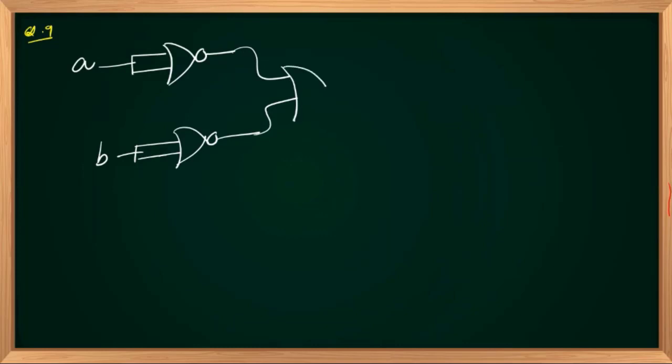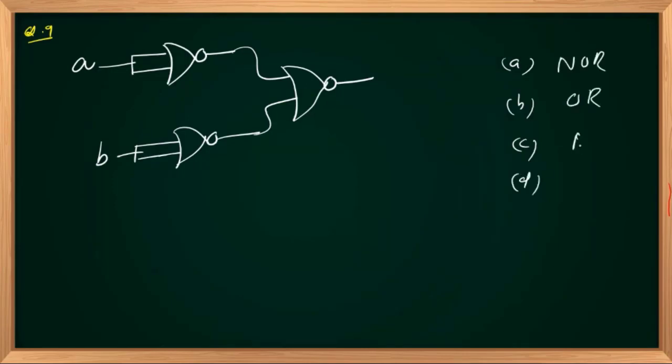Followed by another NOR gate. This is equivalent to which gate? NOR gate itself, OR gate, AND gate, AND gate. Four options. Please provide your answers.